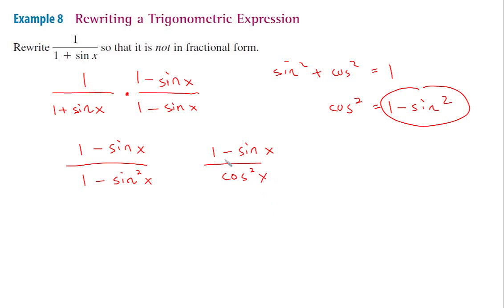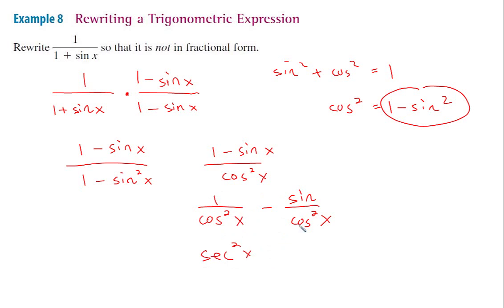Then what I'm going to do next is separate this. This can also be written as 1 over cosine squared x minus sine over cosine squared x. Basically, I'm just separating this, doing some algebra. Well, 1 over cosine squared x gives me secant squared x.